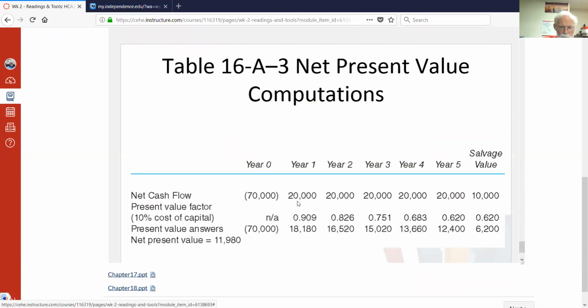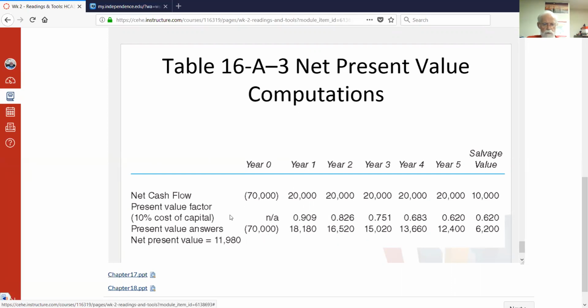We've looked at the present value of these various cash flows. So we've got cash flow of $20,000. If we look at a 10% cost of capital, then we've got these kinds of calculations that we make. So we end up calculating all of this and calculate a net present value here of this much.